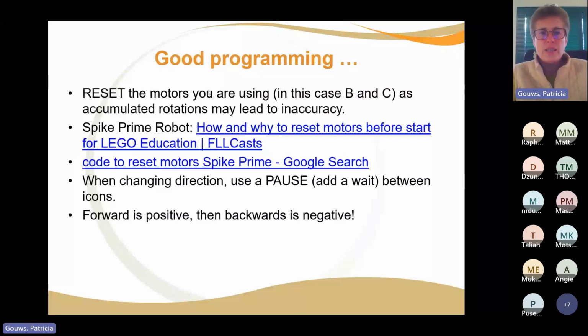So FLCast has got a thing on how to reset your motors, but also you can code to reset motors with Spike Prime. You can just do a Google search on that. But one of the good things about programming, there must be a pause if you change direction. There must be a wait, at least a second, before you can go in another direction. Okay.